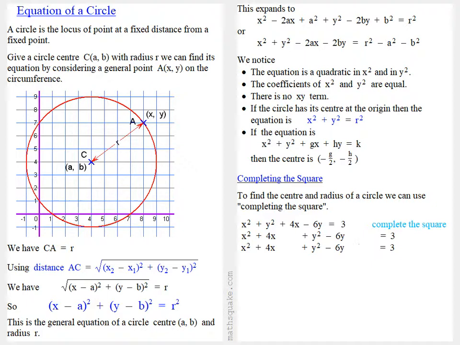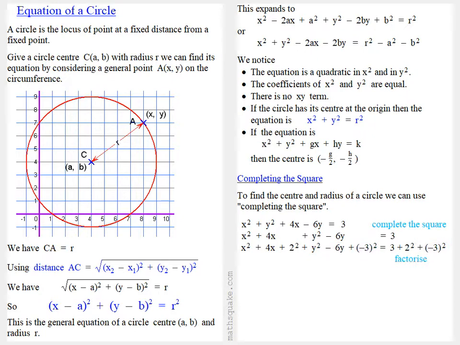Now, we look at the number in front of the x term. That's 4. We halve it, we square it, and we add it to both sides of the equation. Then we look at the number in front of the y term. That's minus 6. We halve it, that's minus 3. We square it, and we add it to both sides of the equation.